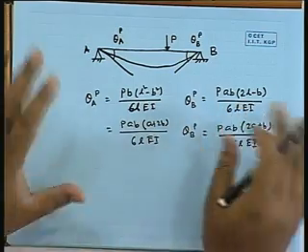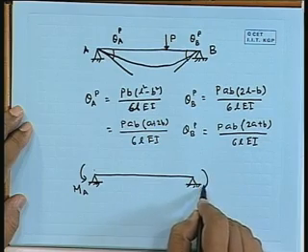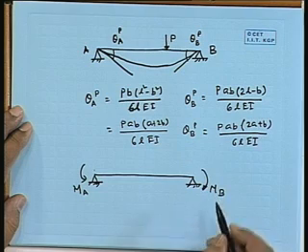So this part we can keep in that form, and the other part we took in that manner. So we can draw it here. And there is a MA. There is one MB.